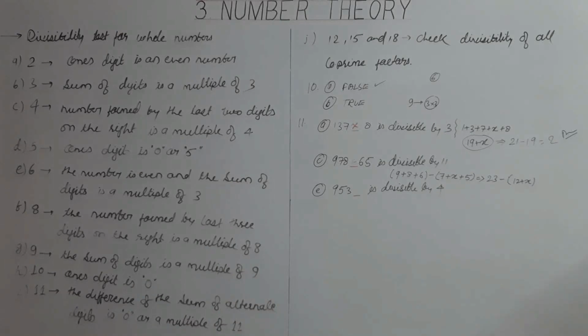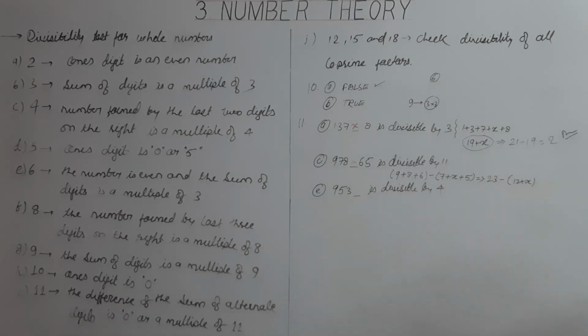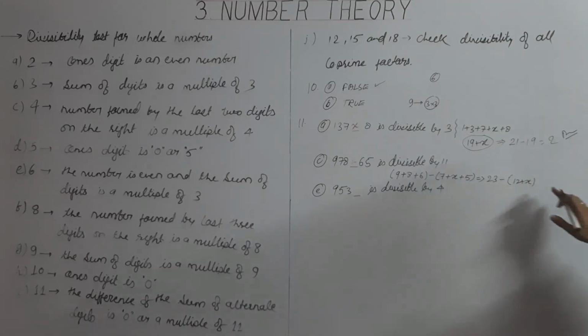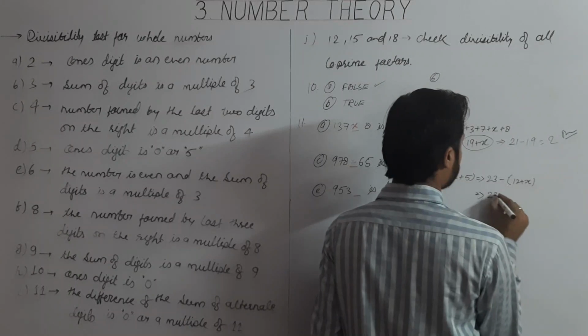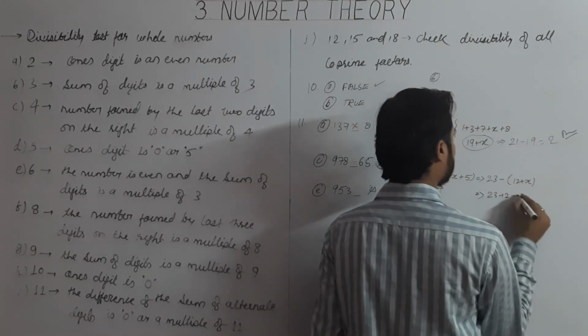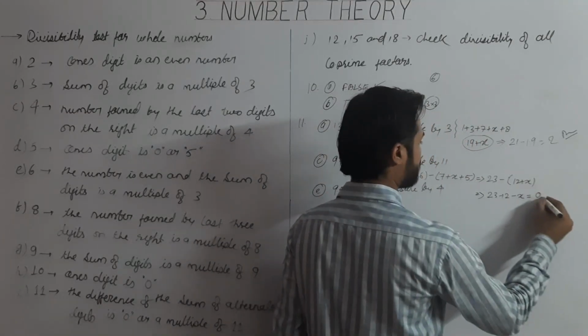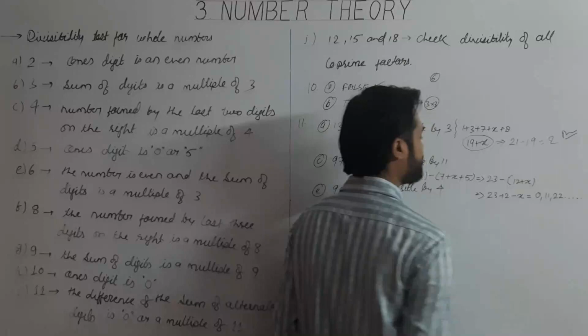Now if this total becomes 0 or a multiple of 11, then this number is divisible by 11. So for the value of x, 23 minus 12 minus x must be equal to 0 or 11 or 22 or any multiple of 11.